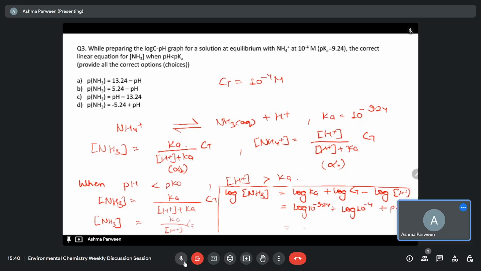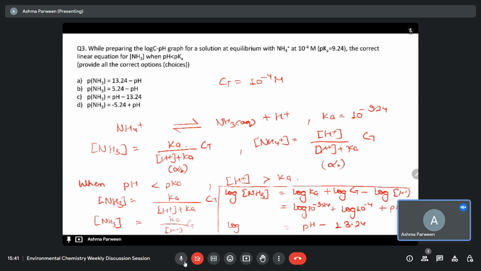So we will get pH minus 13.24. But we have to find out in terms of pNH3.